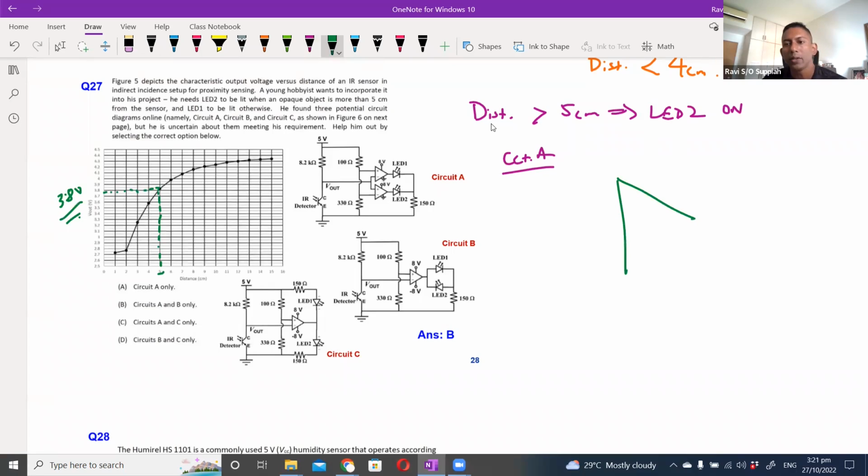If I draw LED 2 over here, the plus is connected to my Vout, and the minus is connected to my reference voltage, which is 3.8 volt.